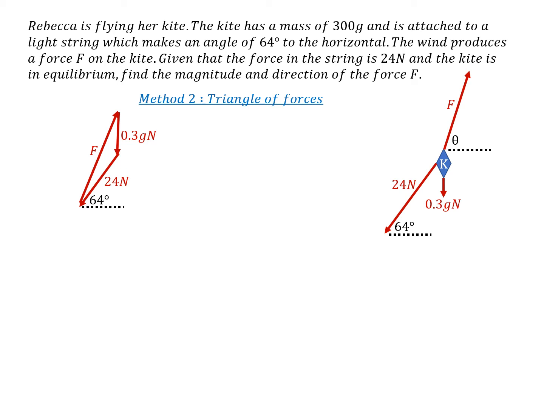So I've drawn here a triangle of forces. Now it is possible, if you draw your diagram on the right hand side slightly differently, if you draw the 24 Newtons here and the 0.3 g there, if you've got this force of the wind perhaps in that direction, then it would be possible to construct a triangle of forces which looks like this.